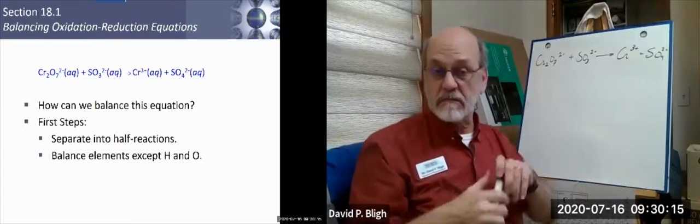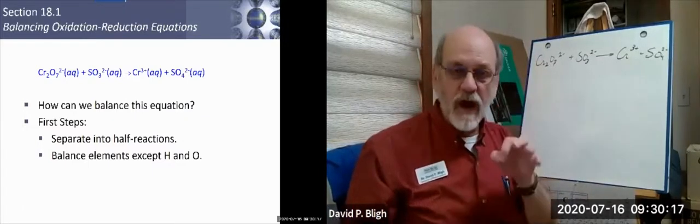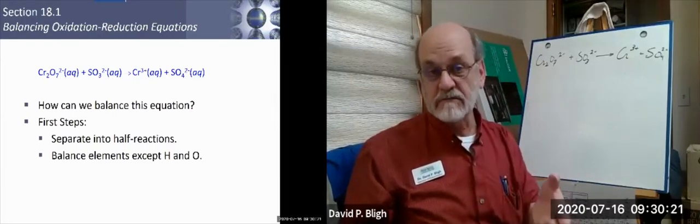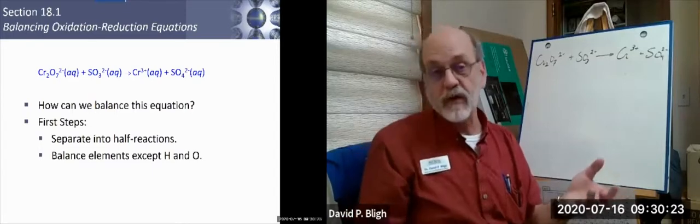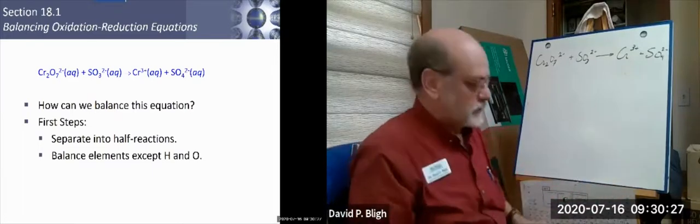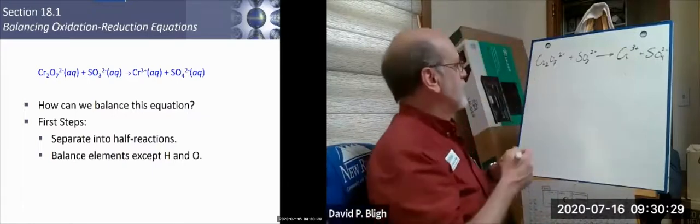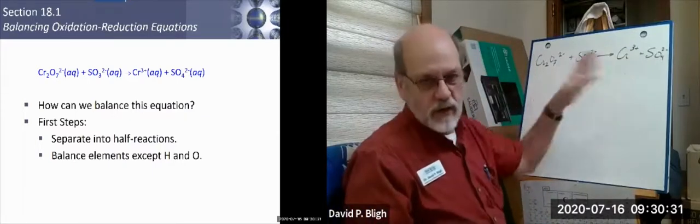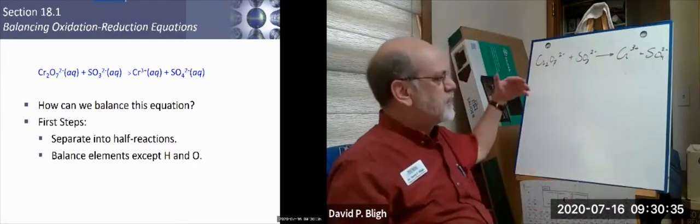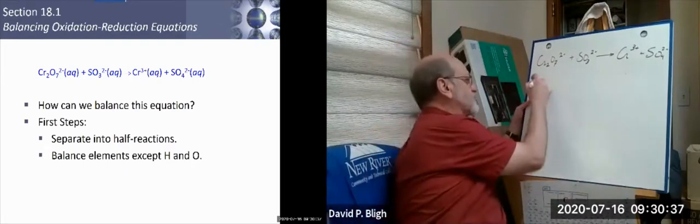Sometimes you can have redox reactions in which a product or reactant for that matter could be in the solid phase, and that's okay. But in this case, all of these are in aqueous solution. So how do we separate it into oxidation and reduction steps?